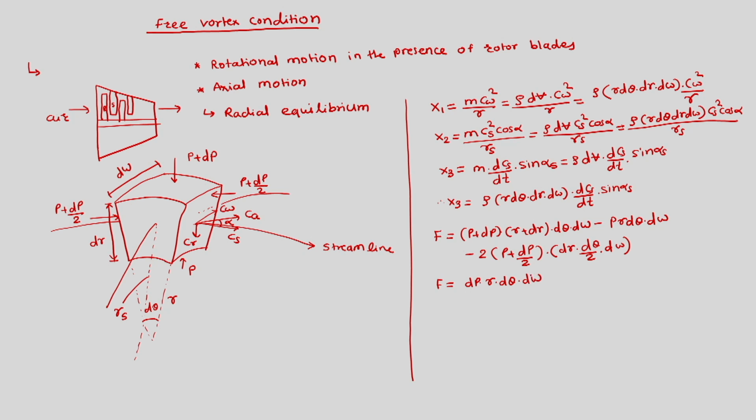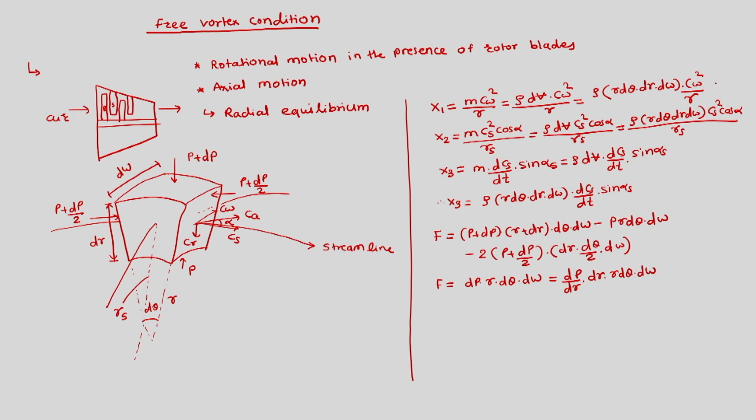Only one term would remain, which would be this term. Hence this term can be written as dP by dr into dr into r d theta into dw.